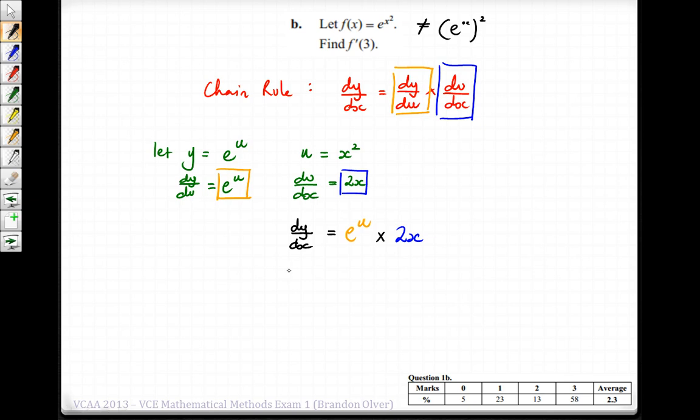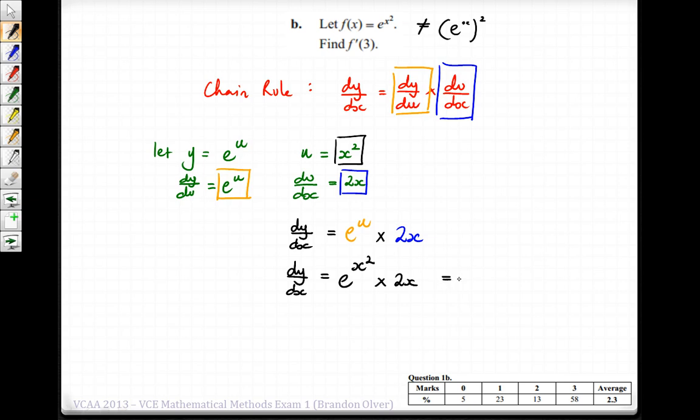So if we clean this up, we have dy dx equals e to the power of u, but we've already said that u is in fact x squared. So we're going to replace u with x squared, and then we've got 2x still remaining. The final part of this is that we want to find f dashed of 3.